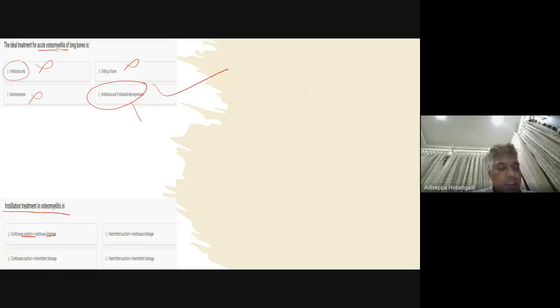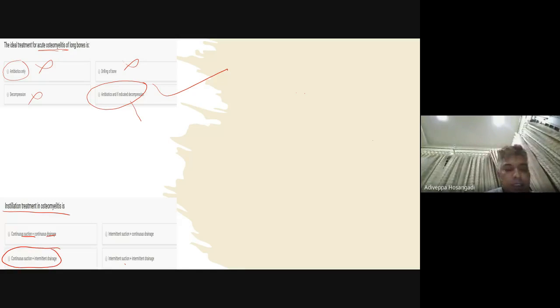Continuous suction, continuous drainage; continuous suction, intermittent drainage; intermittent suction, continuous drainage; intermittent suction, intermittent drainage. It doesn't make sense to choose these. Continuous suction and intermittent drainage doesn't make sense. Intermittent suction and continuous drainage also doesn't make sense. It has to be continuous suction and continuous infusion, suction and drainage.